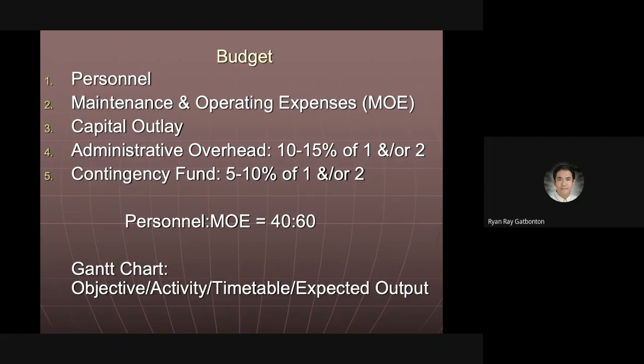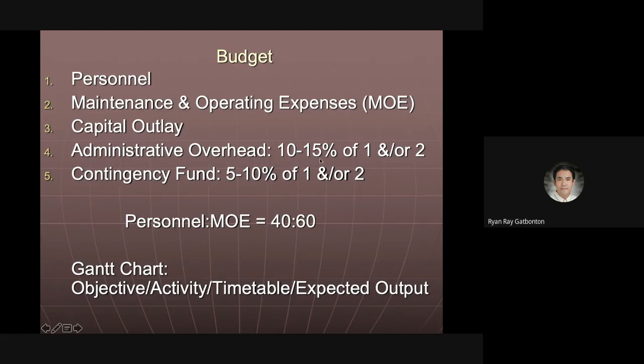Pero siyempre, kahit na napagplanuhan mo na siya, minsan may mga bagay na hindi mo na foresee. Yung mga hindi mo na foresee, you have to account it, no, in your budget, no? Kaya nilalagay natin siya in administrative overhead, no? Overhead meaning yung mga na-miss out mo, no? Yung na-overhead mo.